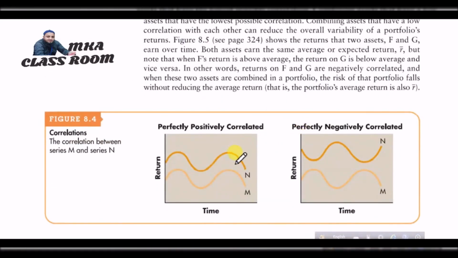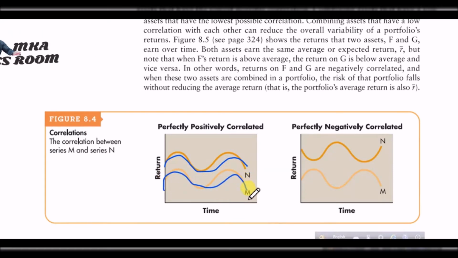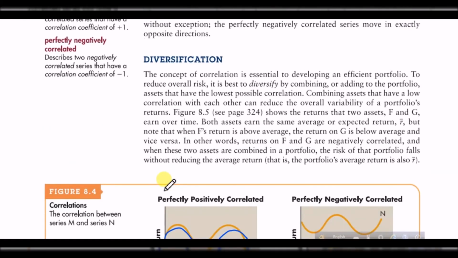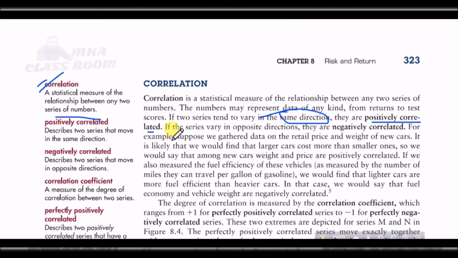So here we are seeing that if asset N goes in this way, asset M also goes in this way. That means they are positively correlated, the same direction. After that, if the series vary in opposite directions, they are negatively correlated.